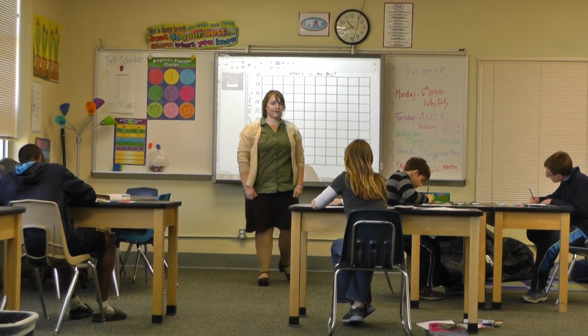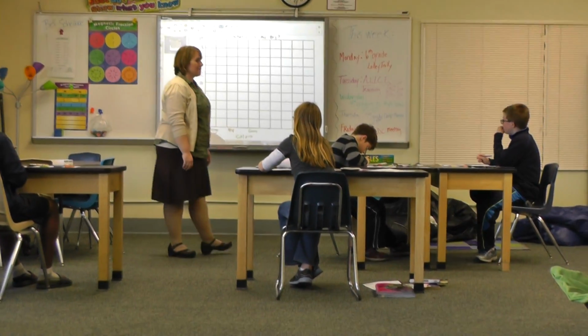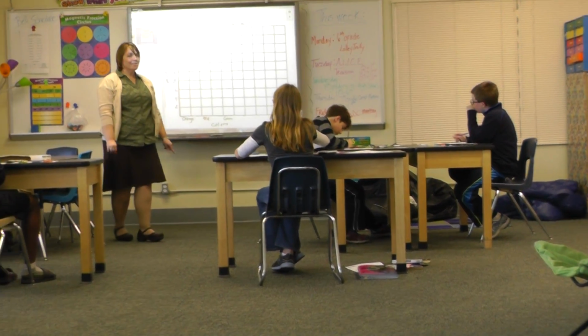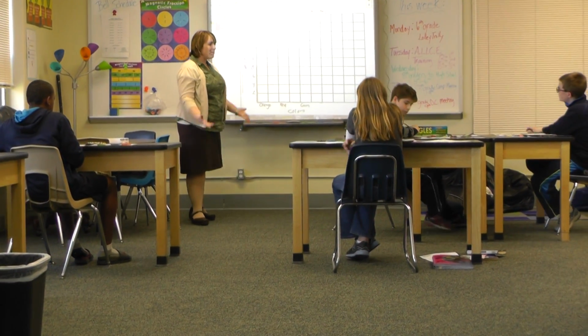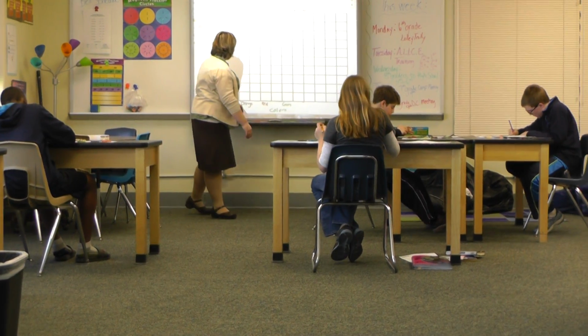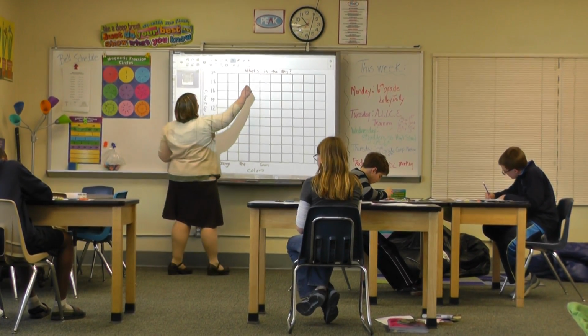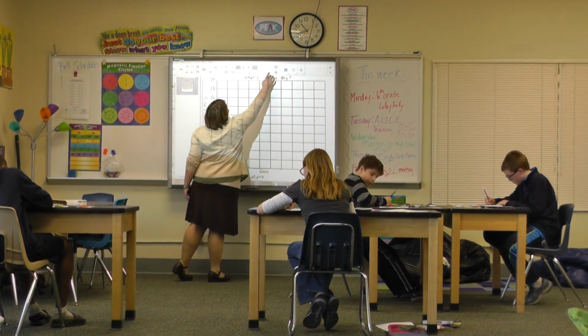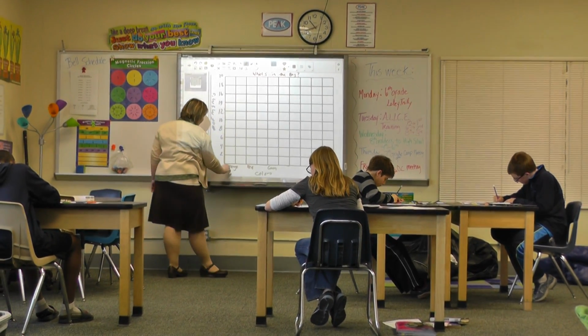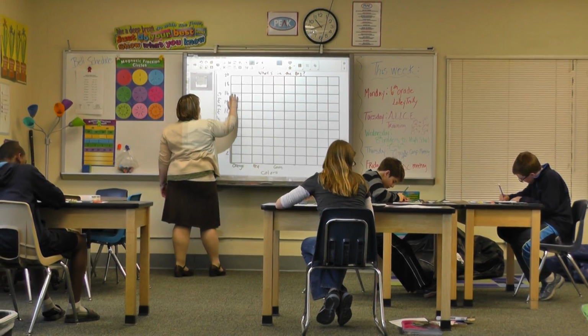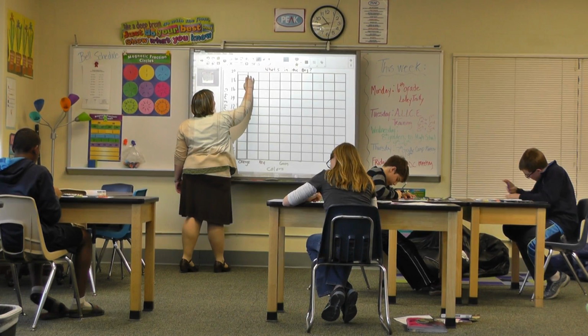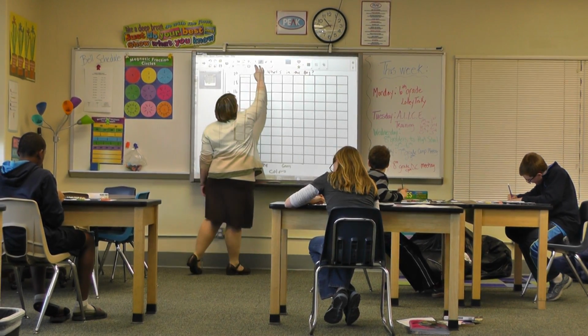What are we missing? What's next? Bars. The bars, right, we need the bars. So Rachel, can you give me your data for your orange? 19. 19, wow, okay. So we're going to start at the bottom and go up to 19. And that's our orange.